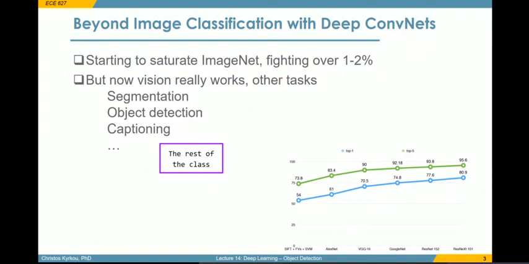It's not clear how that improvement can lead to actual benefit. So there has been a shift from classification methods to more elaborate tasks like segmentation, detection, and captioning. And we're going to see in this class detection, in the future in other classes also segmentation.